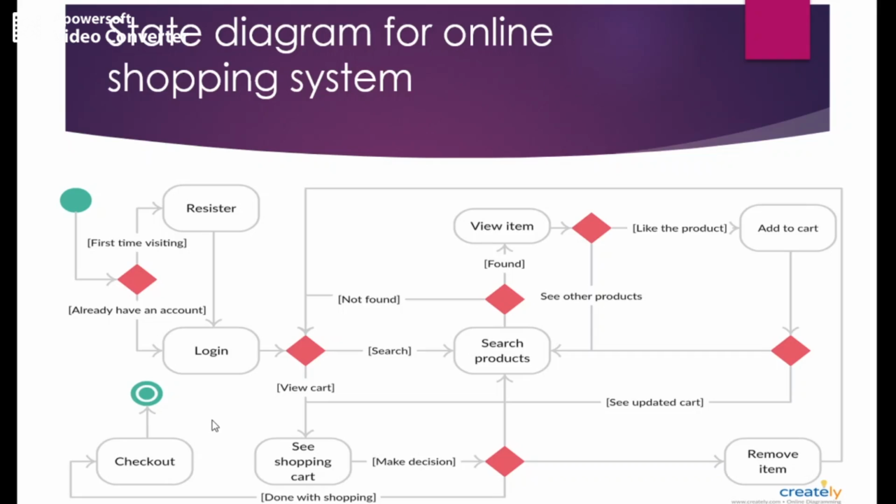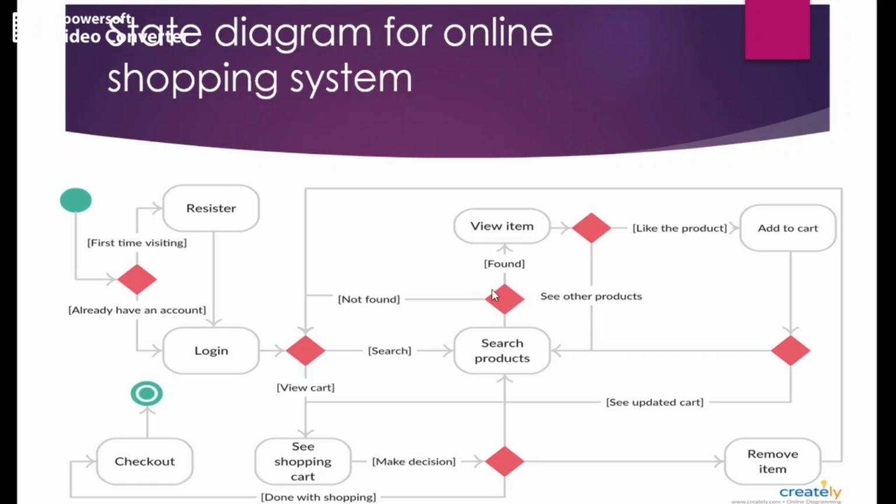So now just see here. Again you have a decision maker. So the event here is search. Means you will move to this state, search products. So you need to search for the products which you want to shop, mainly either cosmetics or dress, anything. So you have to search for that product.